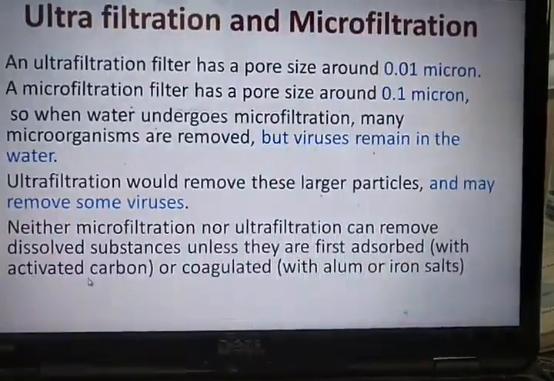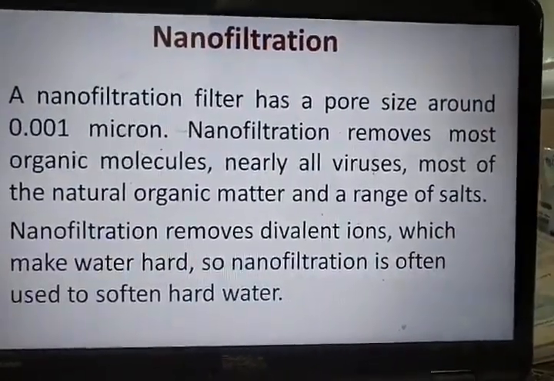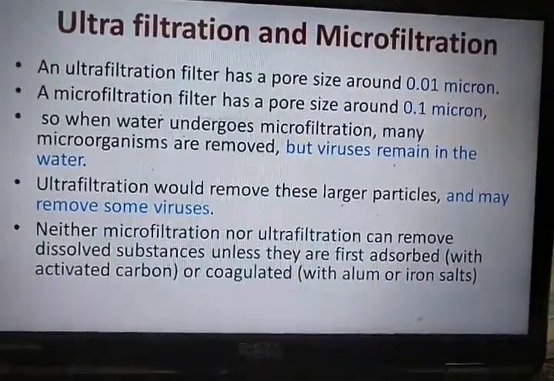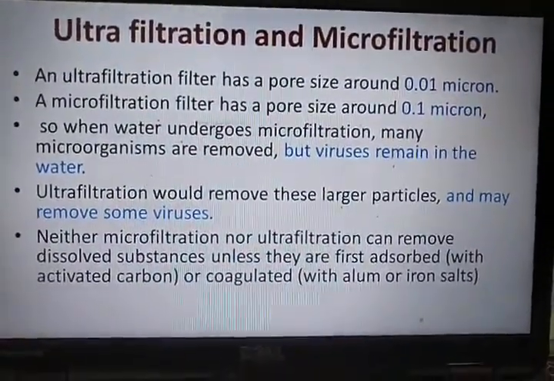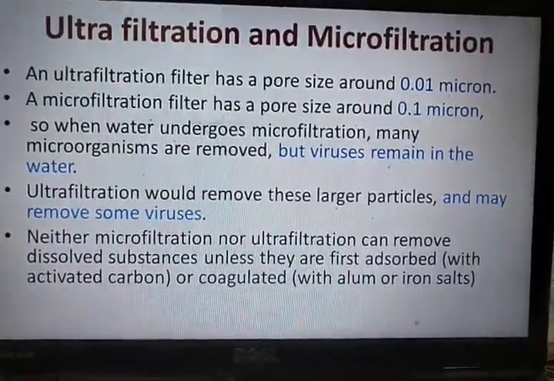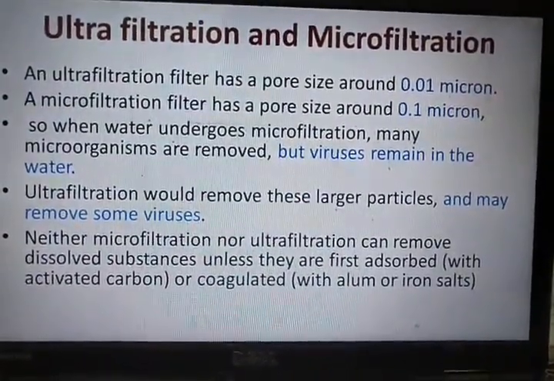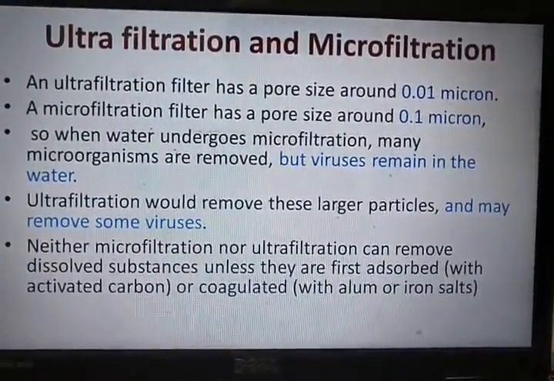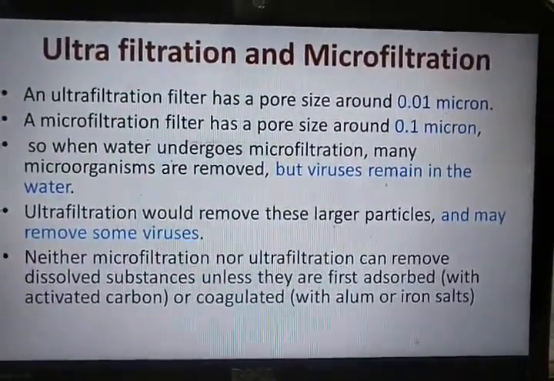So what are ultrafiltration and microfiltration? Like I told you in the previous slide, ultrafiltration has a pore size of around 0.01 microns, whereas microfiltration has a pore size of around 0.1 micron. Based on particle size, they are used together.